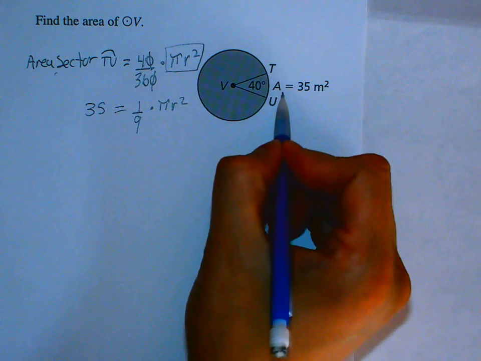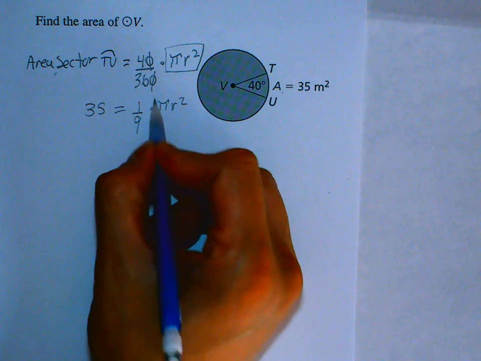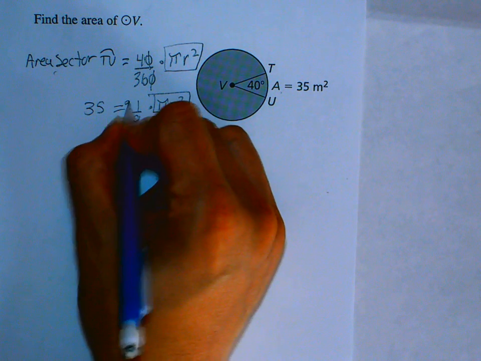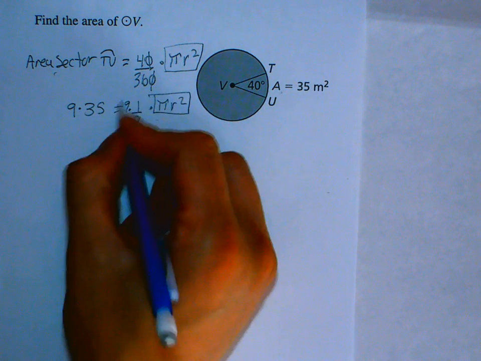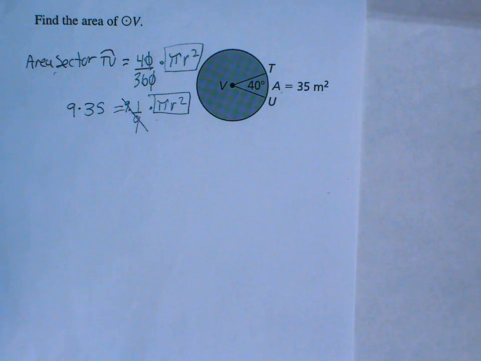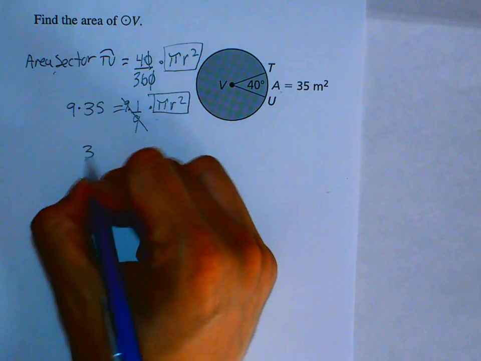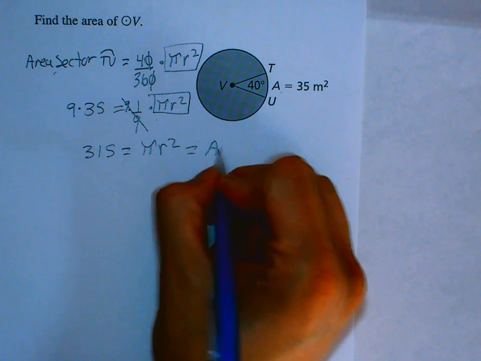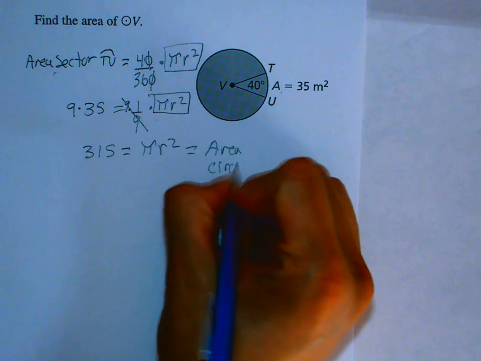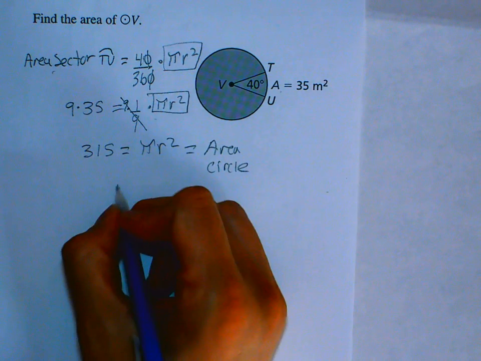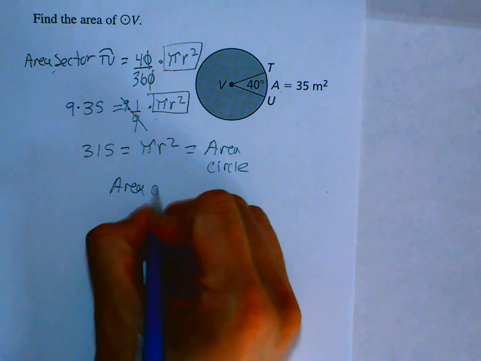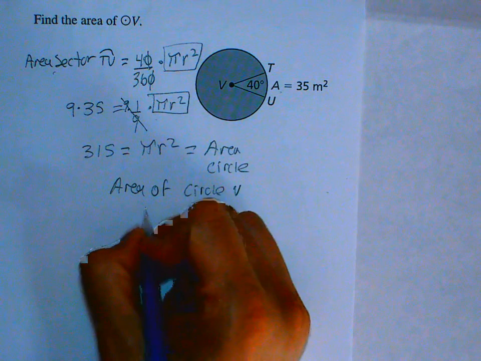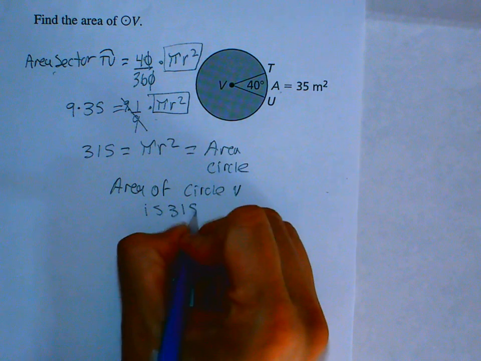To solve for pi r squared, you have to multiply both sides by 9. 9 times 35 is equal to 315. That's equal to pi r squared, which is the area of the circle. Okay, so the area of circle V is 315.